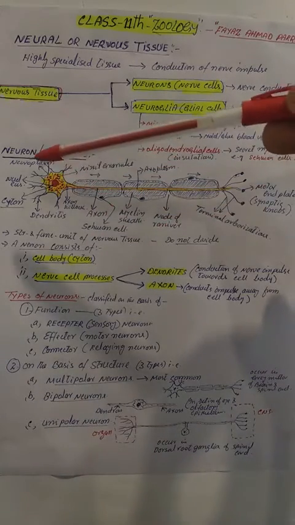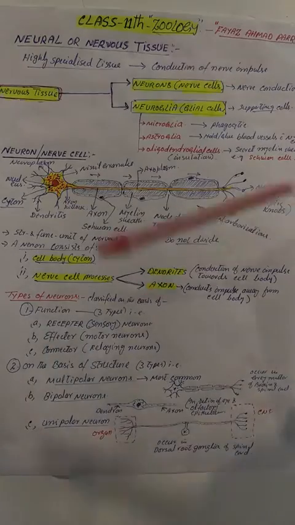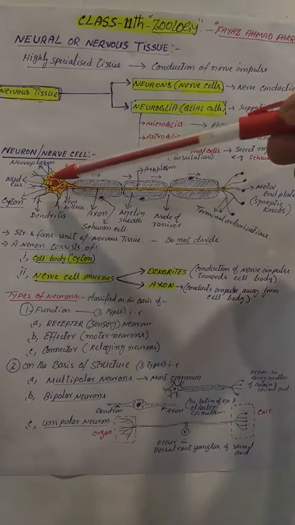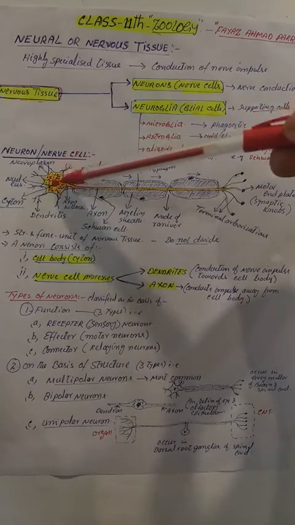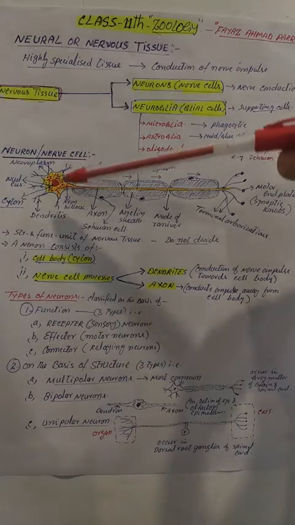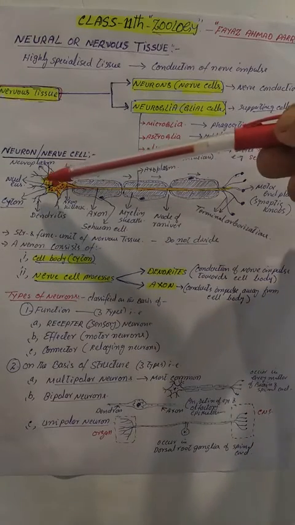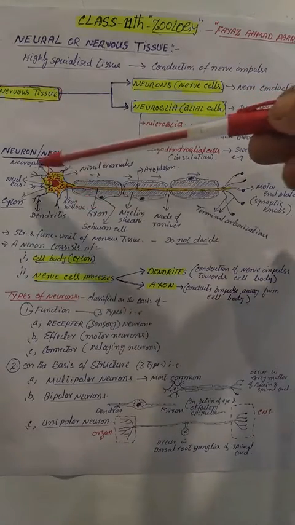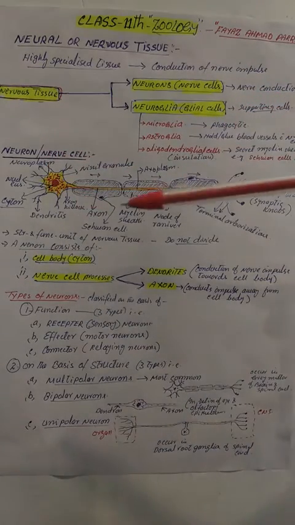Besides mitochondria and Golgi apparatus, fine threads called neurofibrils or microtubules are present in neuroplasm. The neurofibrils play a role in transmission of nerve impulses and microtubules maintain the shape of neurons.